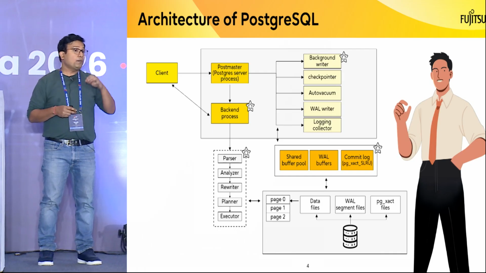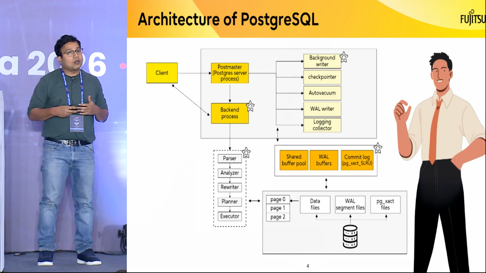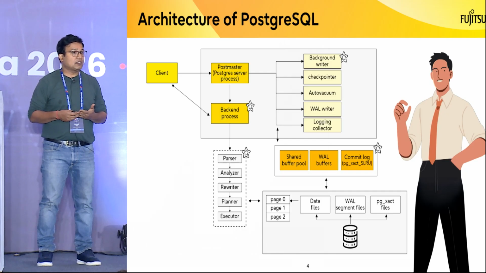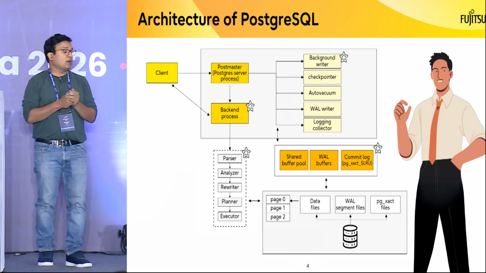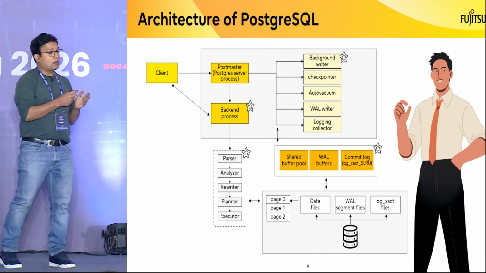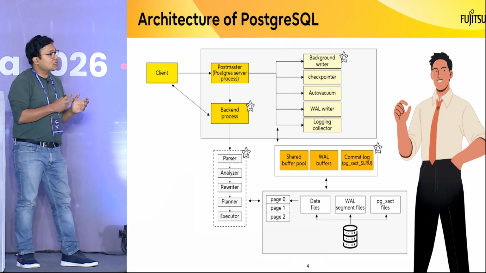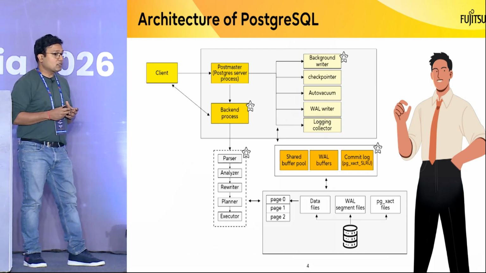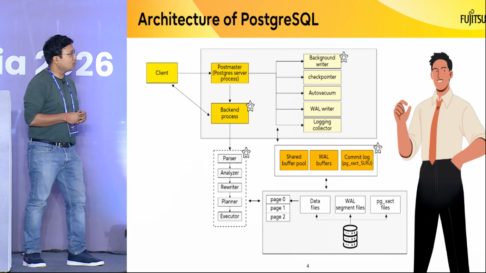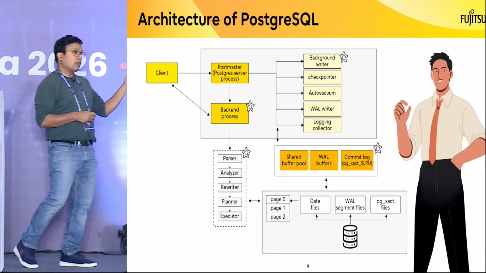It initializes all the shared memory necessary for the system, such as the buffer pools, WAL buffers, and commit logs. Along with that, it starts important background processes: the background writer, checkpointer, autovacuum, WAL writer, and stats collector.